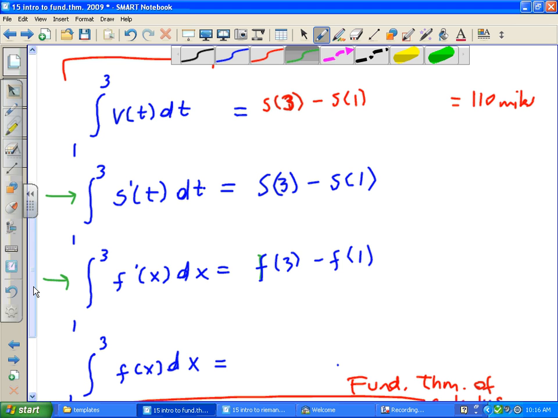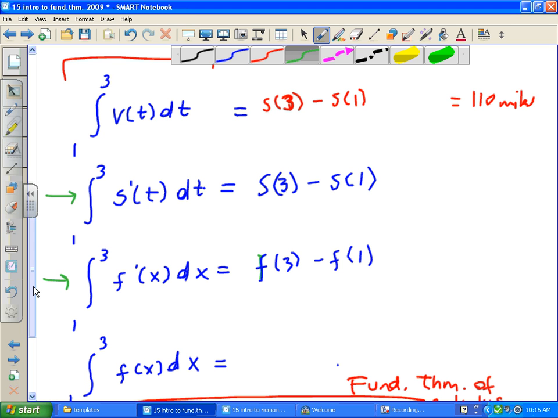When you saw f prime up there, f of x showed up on the right-hand side, right? So if you have f of x on the left-hand side, what function do you think will show up on the right-hand side? What is the relationship from f prime to f? The antiderivative, right?